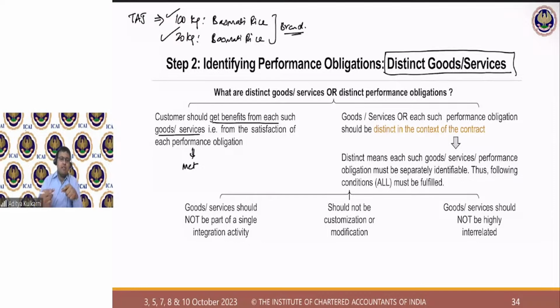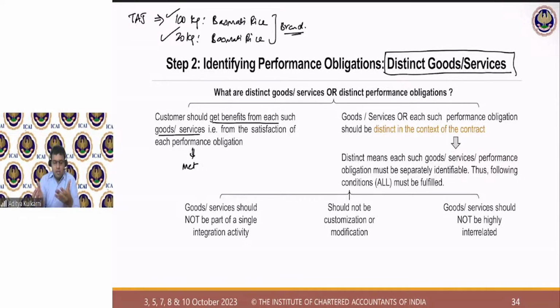So to meet that shortage, an additional 20 kgs is ordered. In layman terms, are they different goods or are they same goods?